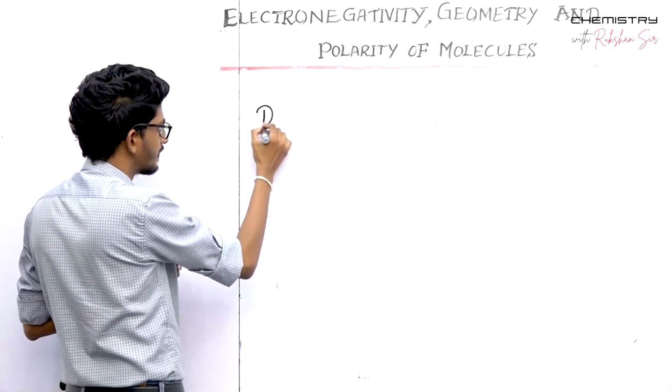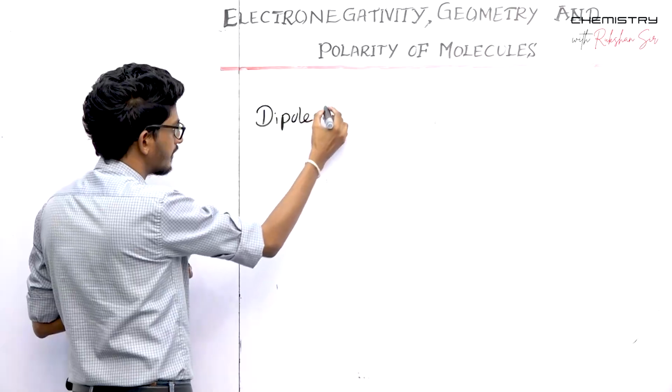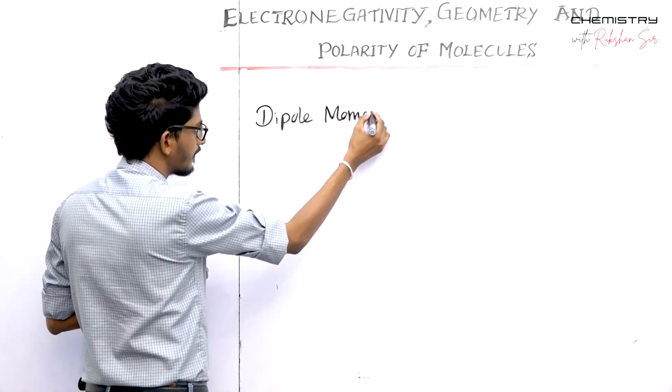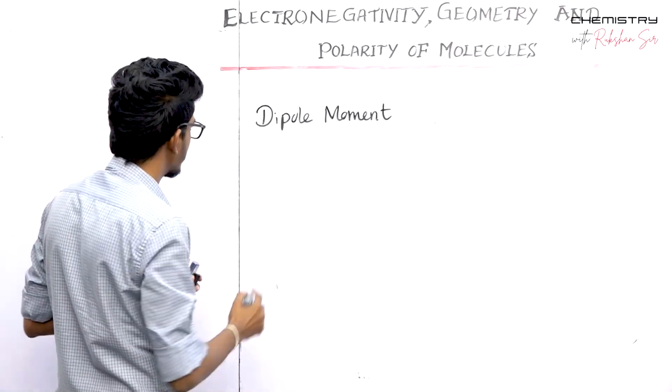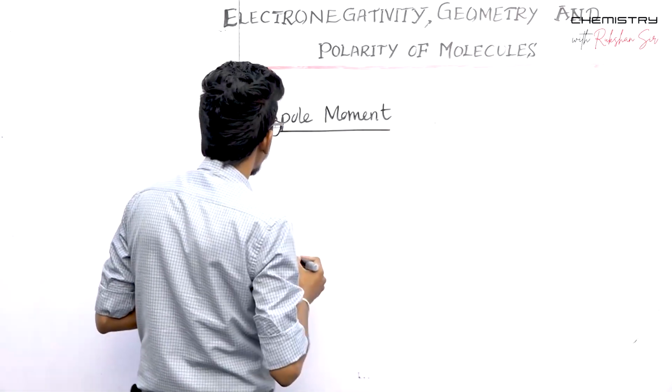Dipole moment. Dipole moment is a parameter used to measure the polarity of the bond.